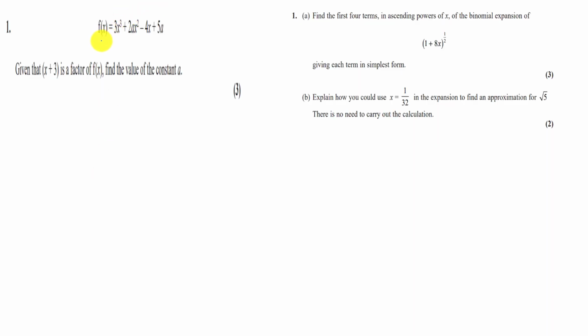Right, so we have f of x equals 3x cubed plus 2ax squared minus 4x plus 5a. Now given that x plus 3 is a factor of f of x, find the value of constant a. So that means we know, using the factor theorem, that f of minus 3 equals 0.